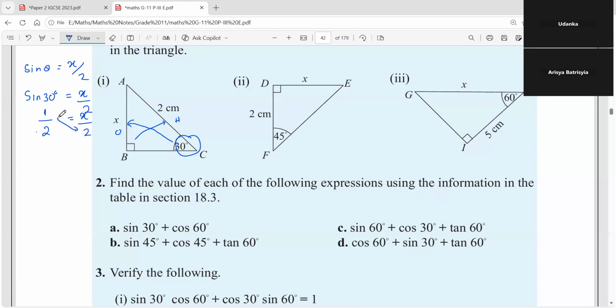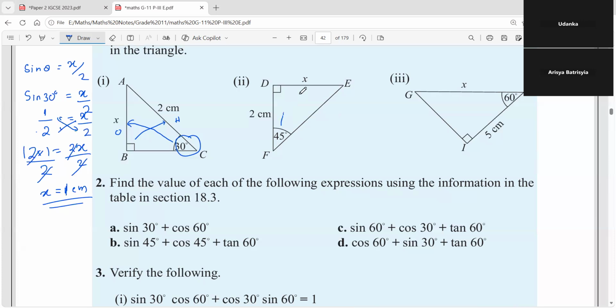You can do cross multiplication like here. 2 into 1 equal, here 2 into x. 2x. Now both sides can be divided by 2. So 2 divided by 2 here, 1. X is equal 1 into 1 is what? 1. 1 centimeter. X is equal to 1 centimeter. Clear? Like that one you can find.